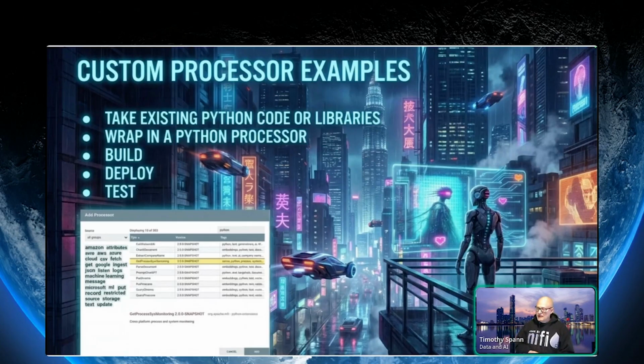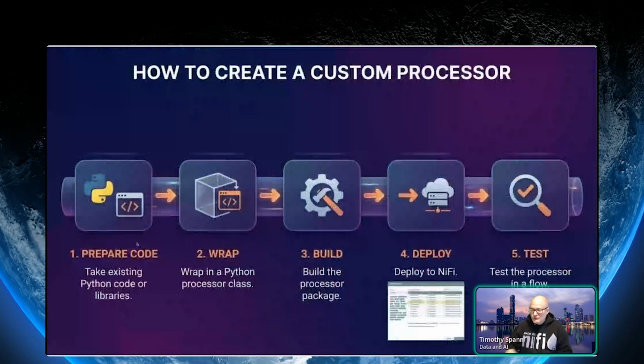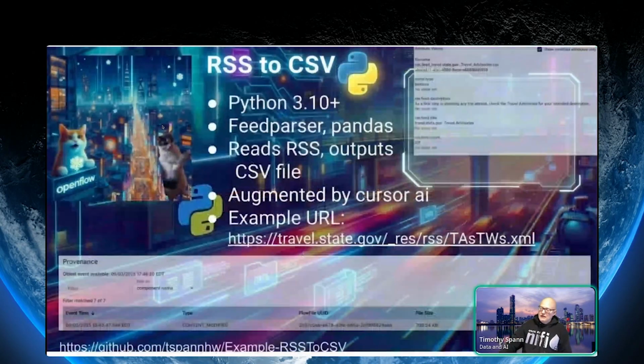I'll show you how to do that. And then you test it. And what's cool with NiFi, testing is interactive way you build things. And here I could see the different ones I've loaded into an environment and the version. Pretty easy. Again, prepare the code, wrap it in that little bit of extra, make sure it's built, deploy it, start testing. Very easy way to get going.